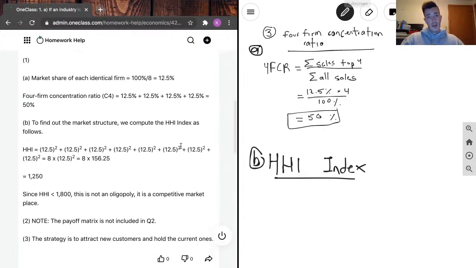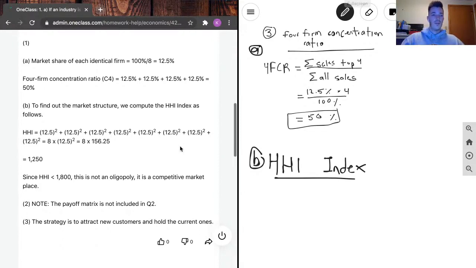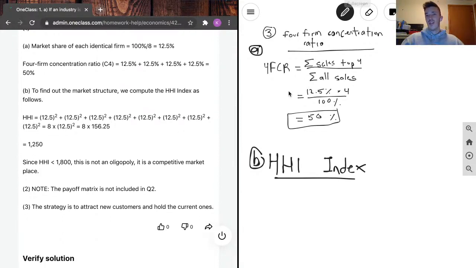Regardless, we compute the HHI index as follows. You essentially take the square of each firm's total sales and you add it together.